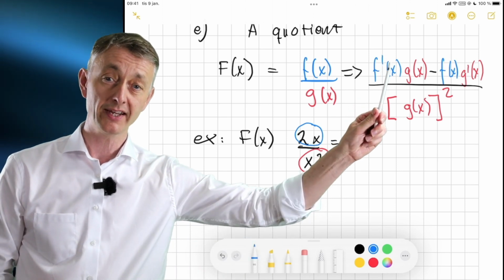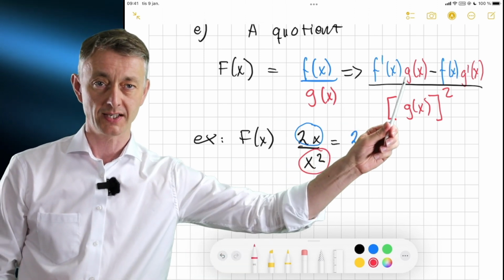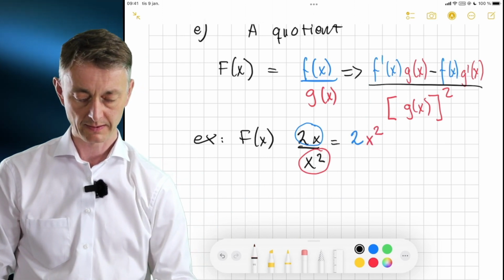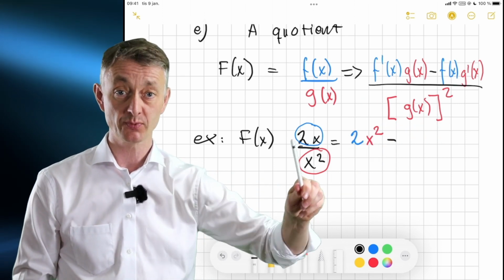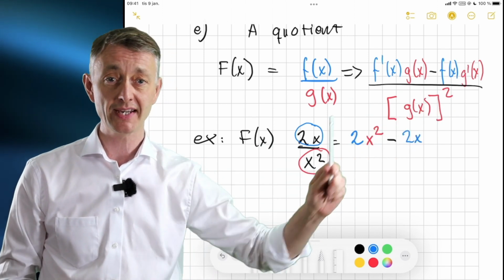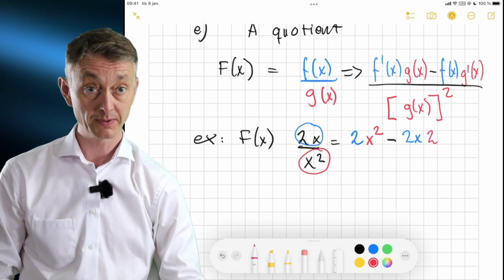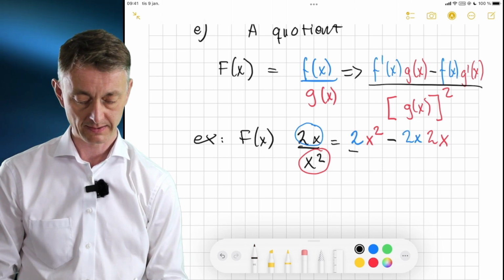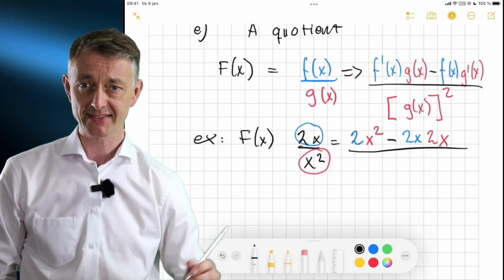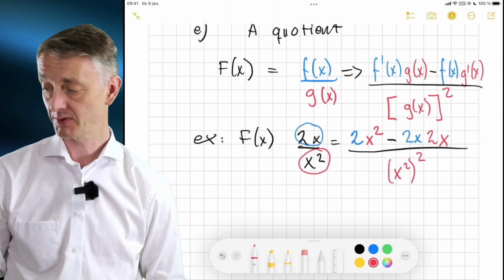So the first thing here, f prime of x, that's just a 2, times g of x, which is x squared, minus, and then you have f of x, which is 2x, times g prime of x, and the derivative of this with respect to x is simply 2x divided by, and then in the denominator we have g of x to the power of 2. So it's x squared to the power of 2.